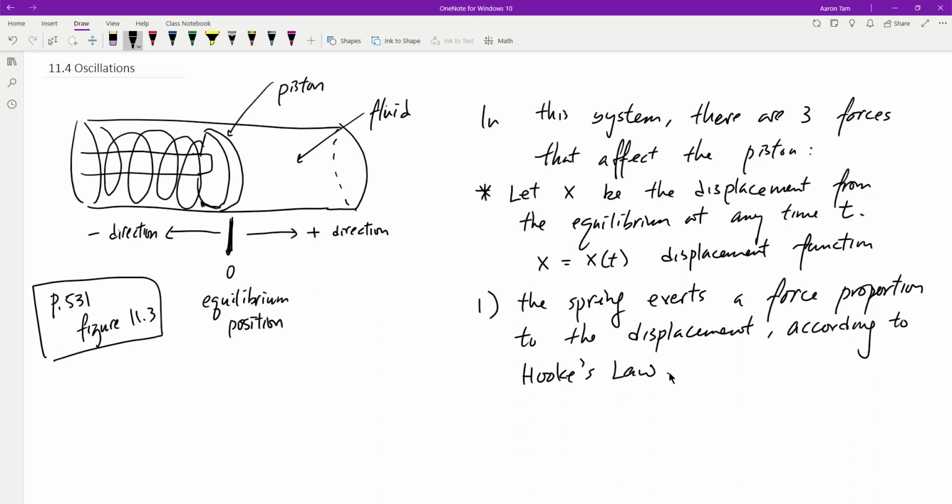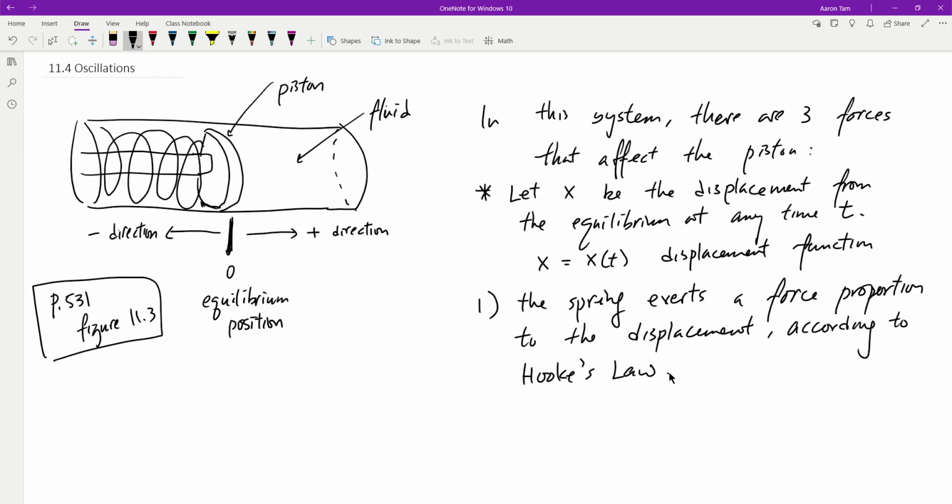It's basically saying that the force exerted by the spring is proportional to, meaning a constant multiple of, the displacement, but it always goes in the opposite direction of the displacement, because as you have a positive displacement, the force will want to push it back toward the equilibrium position, which requires moving in the negative direction.